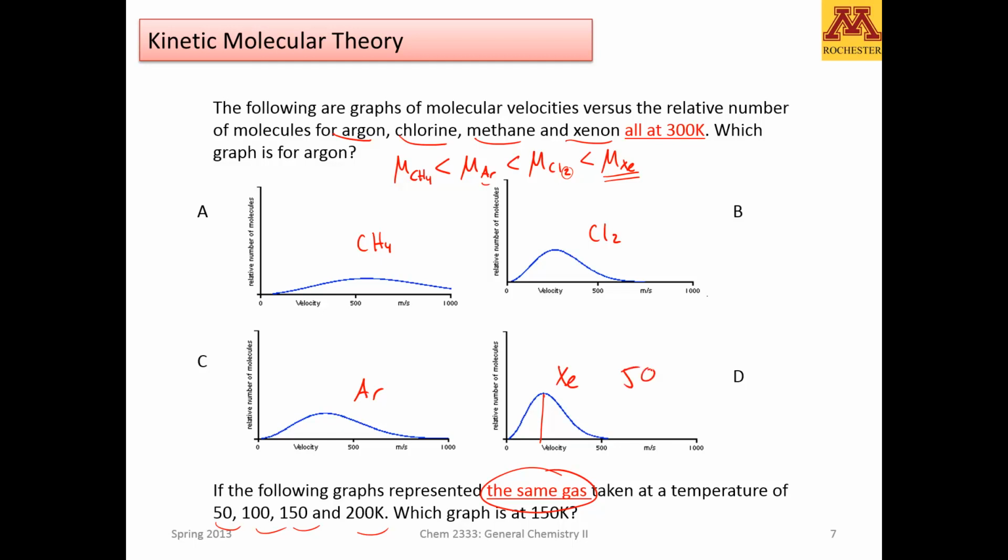So this would be the 50 Kelvin, followed by the 100 Kelvin, followed by the 150 Kelvin, and followed by the 200 Kelvin. These expressions will just allow us to understand with a little bit more detail the relationship between temperature and speed of molecules.